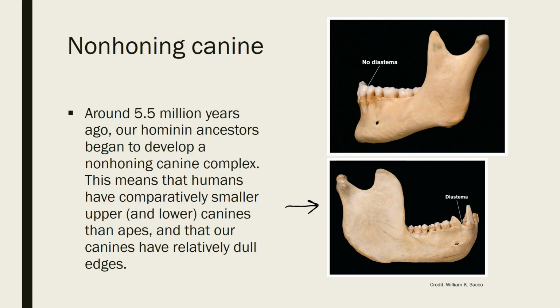Around 5.5 million years ago, our hominin ancestors began to develop a non-honing canine complex. This means that humans have comparatively smaller upper and lower canines than apes, that our canines have relatively dull edges, and that we do not have a diastema in our lower jaw, as you can see in the image on the top right.